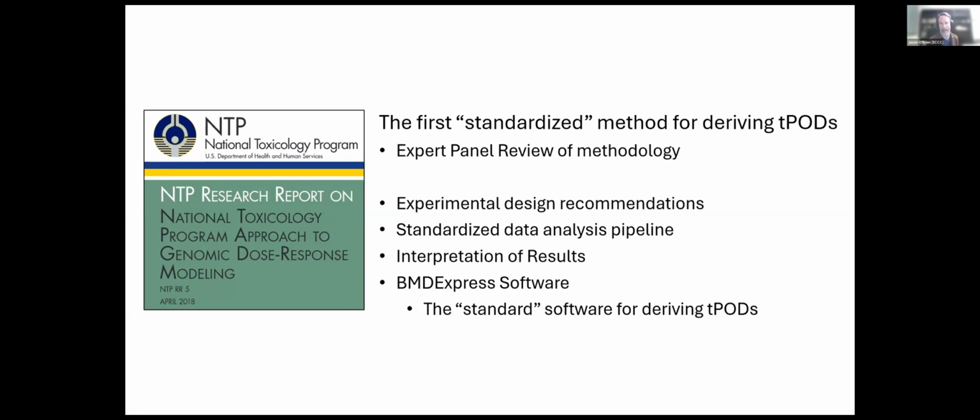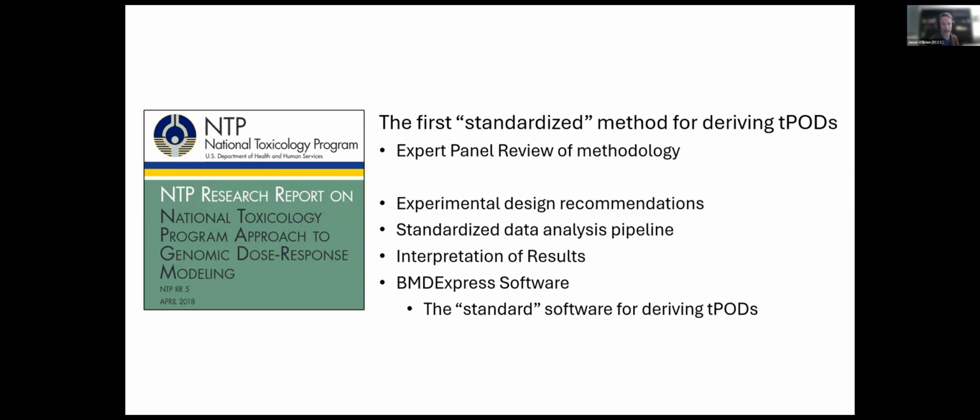This was the first standardized method for deriving TPODs. It was based on an expert panel review of the methodology in the literature.